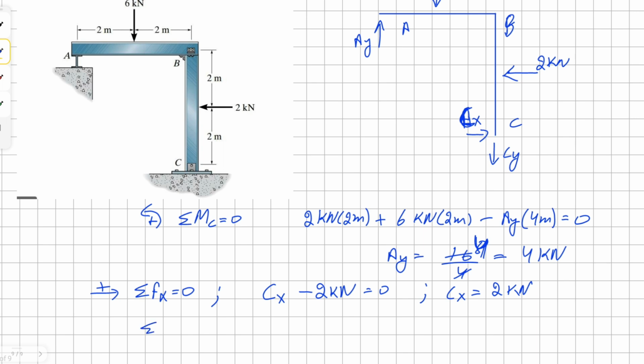And we can use a similar method where we sum the forces in the vertical direction to get the value of Cy. So we have Ay, which is a positive 4 kilonewton, plus a negative 6 kilonewton, and negative Cy equals 0. Solving for Cy, we get negative 2 kilonewton.